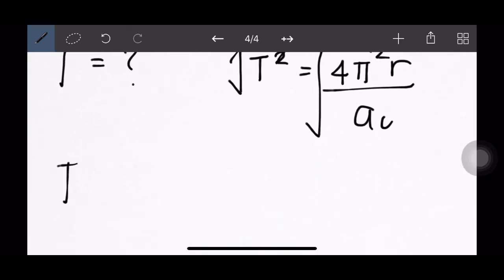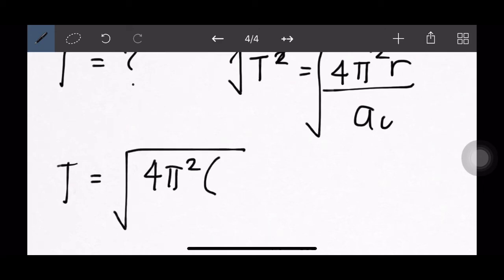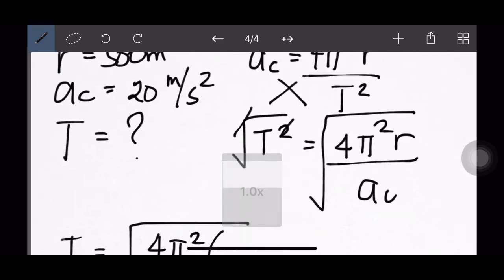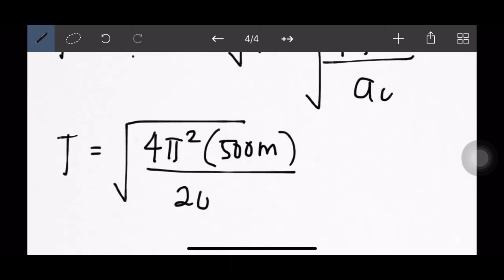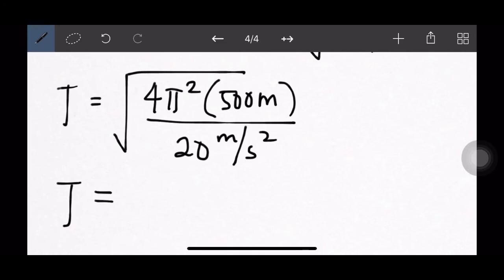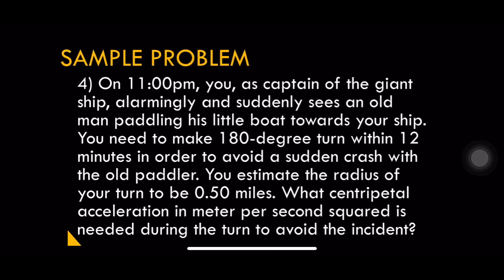So you have t is equal to the square root of 4 pi square multiplied with the radius r, 500 meters, then divided by 20 meters per second square. Okay, so the time is going to be 31.42 seconds.